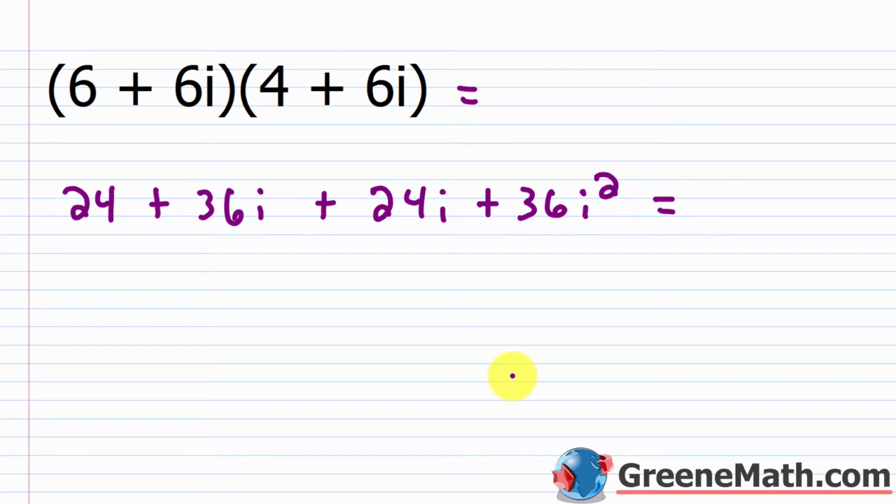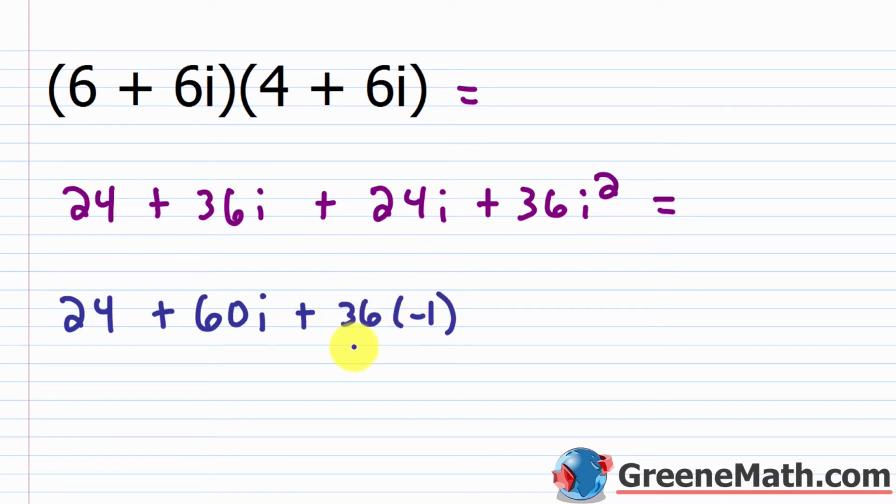Okay, so what can we combine? The 24, I can't do anything with that for right now. We'll be able to do that in a second. But for right now, nothing. 36i plus 24i. 36 plus 24 is 60. So this would be plus 60i. And then 36i squared. Remember, i squared is defined to be negative 1. So I can go ahead and say this is plus 36 times negative 1, which is negative 36.